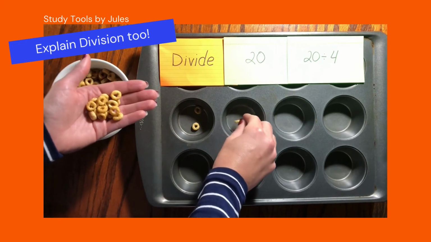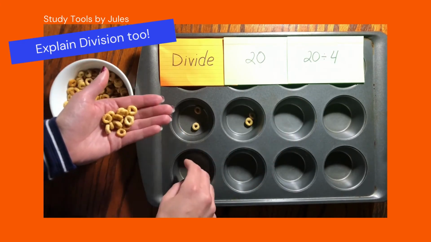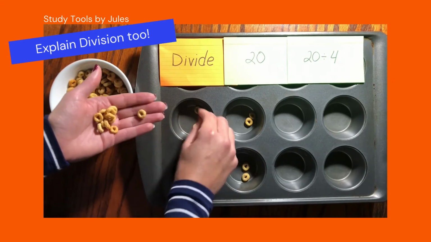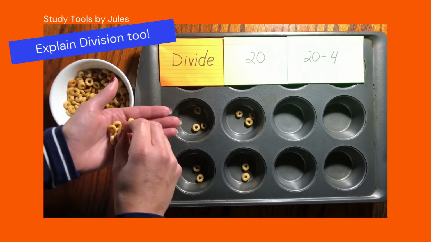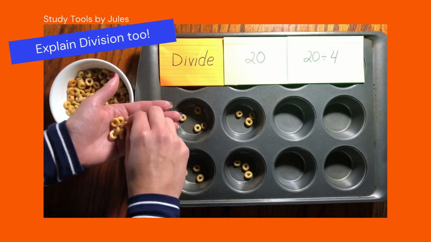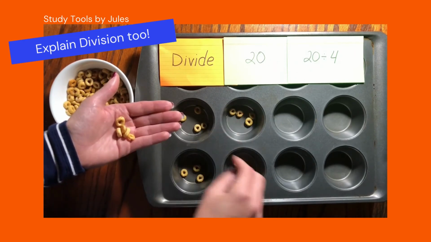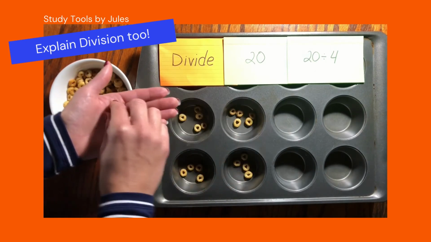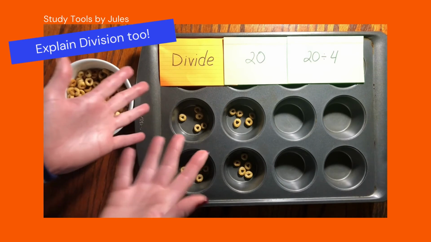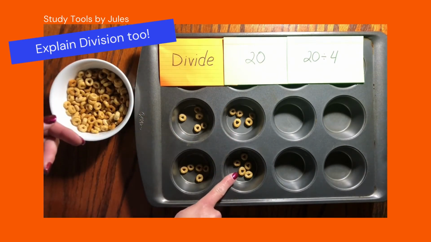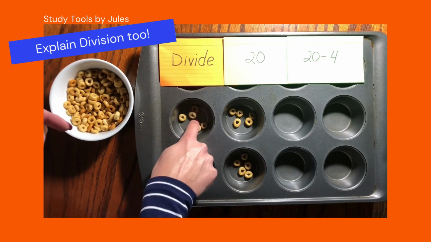So when you're doing this with your child, they know they have to spread these 20 pieces into these 4 wells evenly. And if they're new at doing division, they might not be sure how many to put in at a time. They can maybe just start putting in groups of 2, or we can go one at a time, kind of rotating the groups, until we have run out of pieces of food. So if we just keep going around distributing the food until we have no more in our hands, then we look at our 4 groups and count how many pieces are in each space.